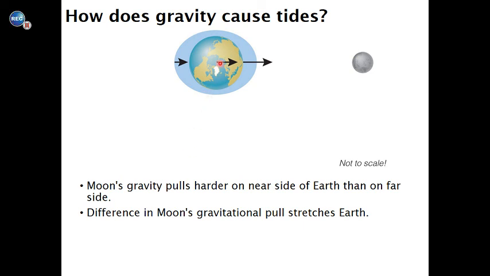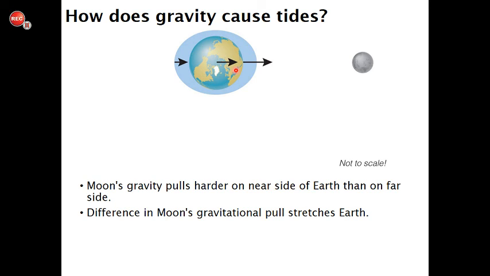So the idea is one part of the Earth is a little bit closer to the moon than the other, and it has a little bit larger of a gravitational force, which means it stretches. The Earth stretches out, and it's not just the water. The land stretches out, but the water is so free to move. That's the thing that we notice.